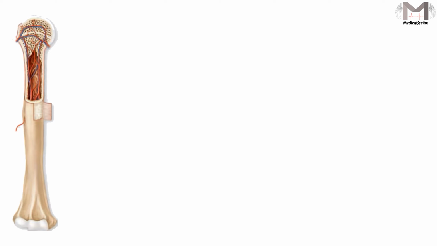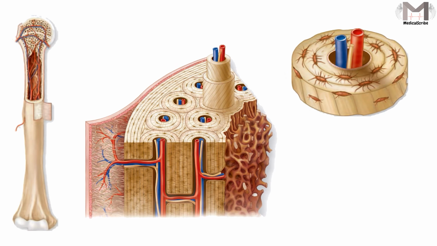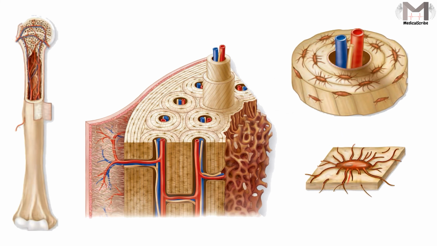The compact bone consists of columns called osteons. Each osteon consists of circular layers called lamellae, and every lamella has cavities called lacunae, in which the osteocytes and osteoblasts lie. And these layers surround a central canal called the Haversian canal, which contains blood vessels and nerves. Alright? Good.